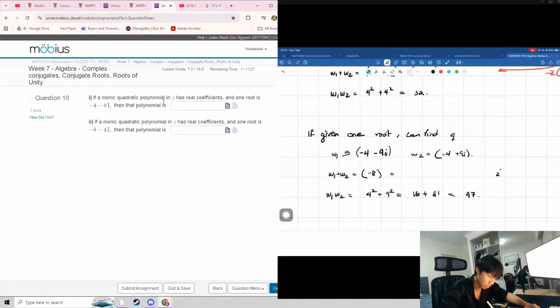And so our equation is going to be Z squared plus 8Z plus 97. I hope that's right.